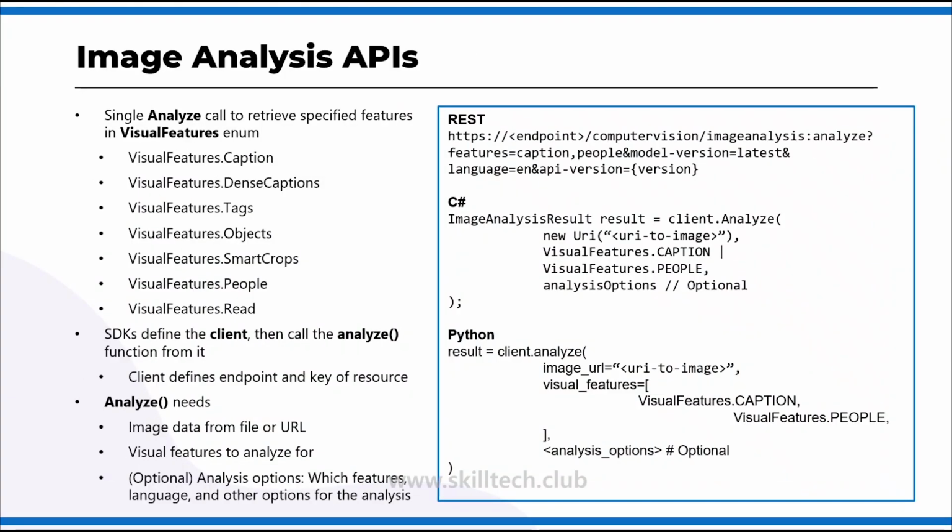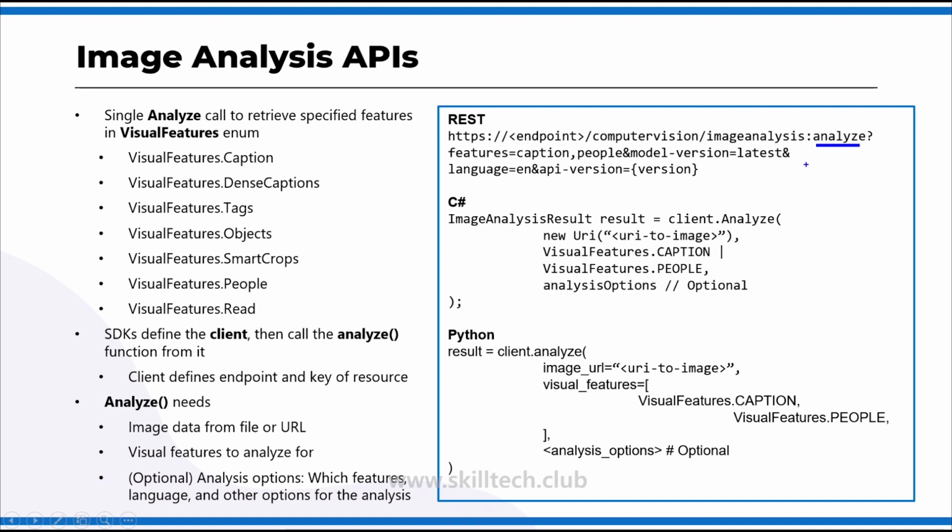How exactly does the Image Analysis API work? If you focus right now on the slide, the right side box is showing you the REST URL, which is ultimately an HTTP-based endpoint on which you're going to call the Azure AI Vision service. It's going to be a single analyze call to retrieve a specific feature from the visual features enum. Focus on the image URL where you have analyze.